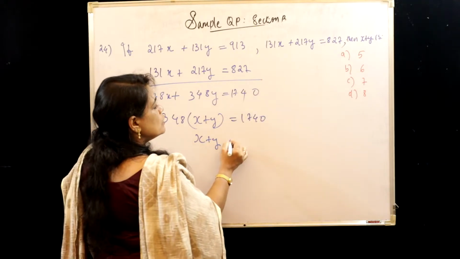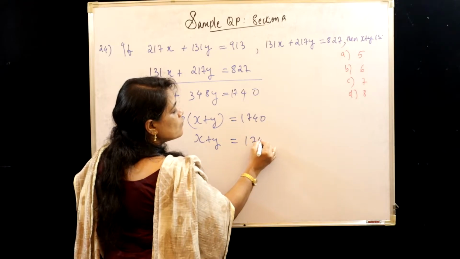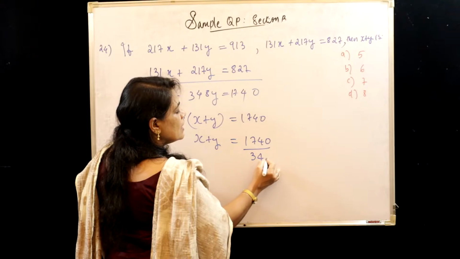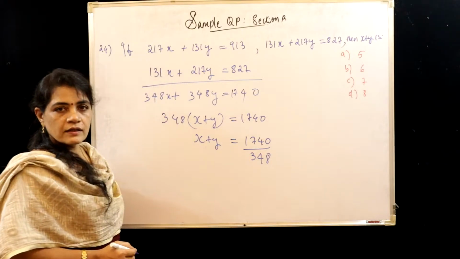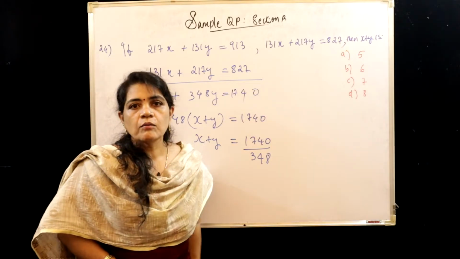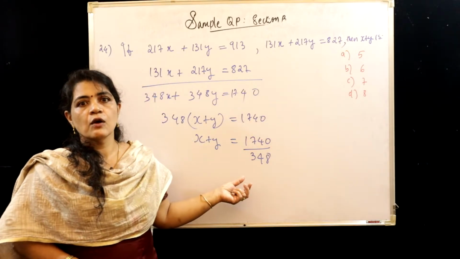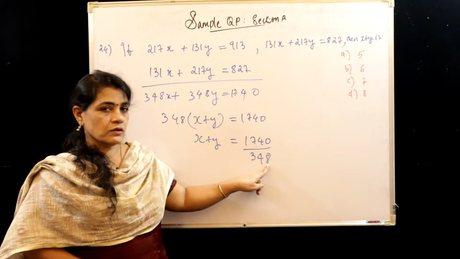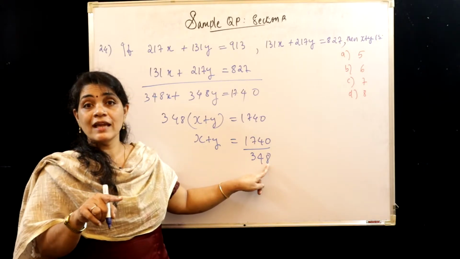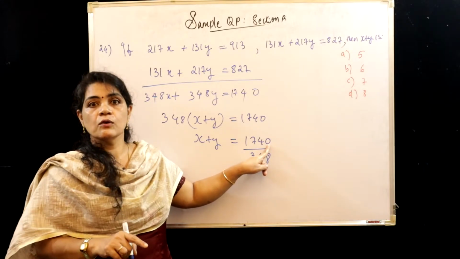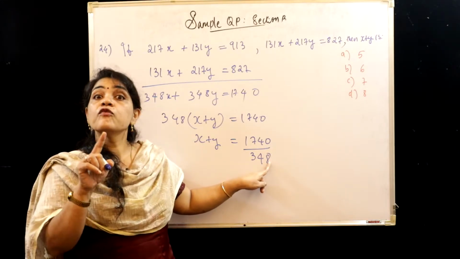So this is equal to 1740 divided by 348. You can divide. Since all the options given are whole numbers, we definitely expect a whole number as the correct option. So by which number should you multiply 8 to get a number having unit place 0? That is 8 into 5.